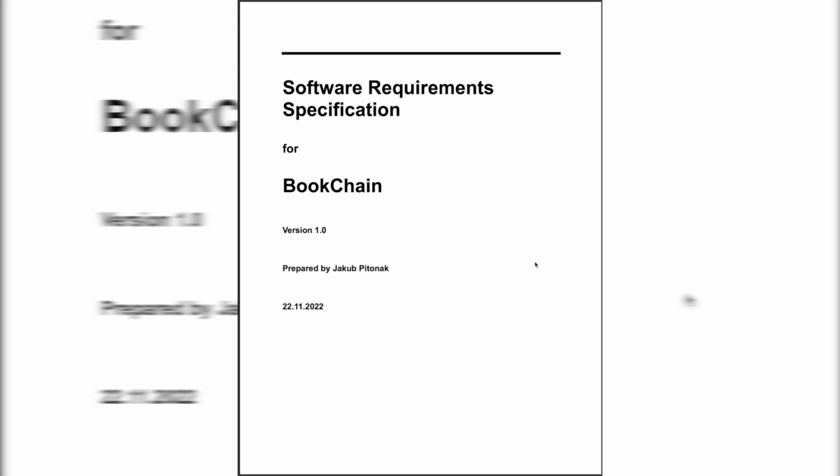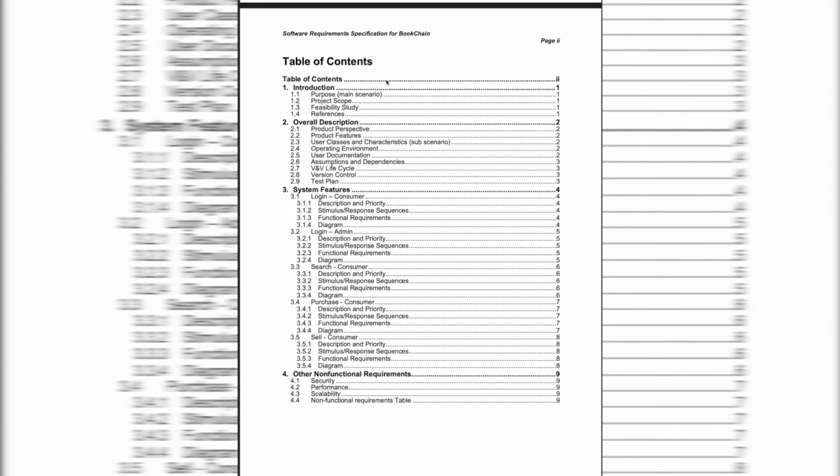As every good document starts with the front page with what the document is about, who published it, and who prepared it. So we started with the table of contents, where we can see that I first started with an introduction, then the overall description, continued with system features, and then finished with non-functional requirements.